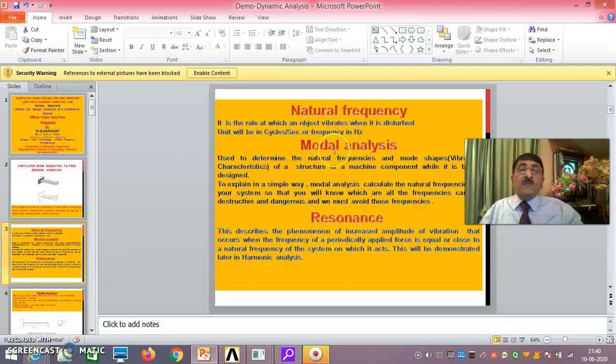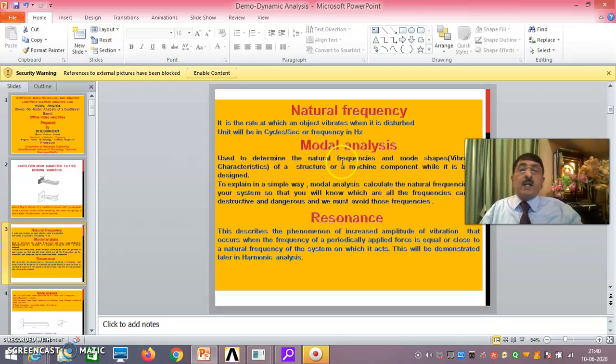That's why, if you do the modal analysis and find the natural frequencies, as a designer you advise that you should not operate at those natural frequencies. You can operate at any other frequency, but not at a natural frequency. If the first natural frequency is 800 rpm, don't operate at 800 rpm. You might operate much below or above 800 rpm.